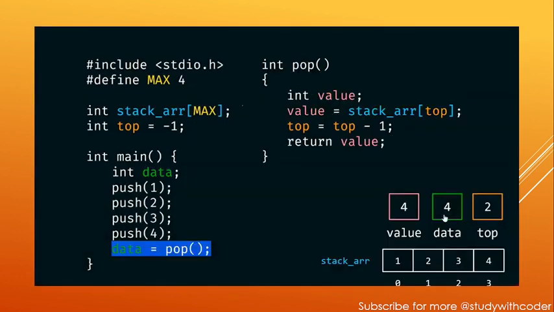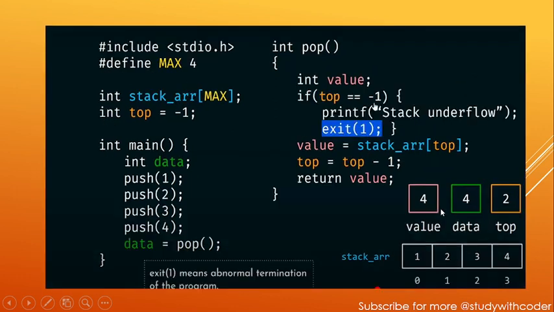And then the pop operation. Pop means delete operation. Data is equal to pop; int value equal to stack array of top, top equal to top -1, and return the value. Here we want to delete the value 4, so we delete the data.